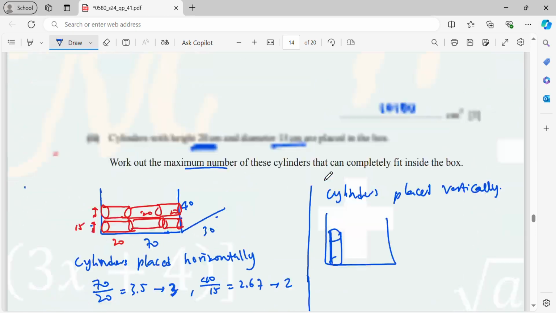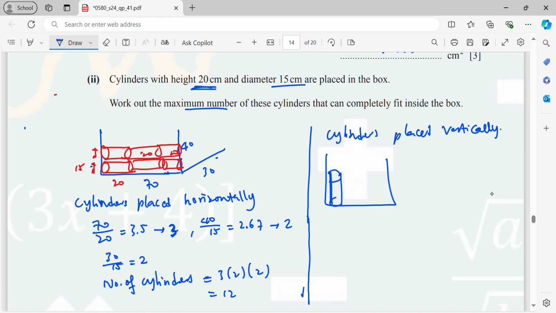So the height, the length is 20. So here 20, that means I can put 2 because here is 40 according to the diagram. Now, I will just write here, it will be 70 over 15. Why is 15? Because the diameter is 15. So I can put up to 4 cylinders.